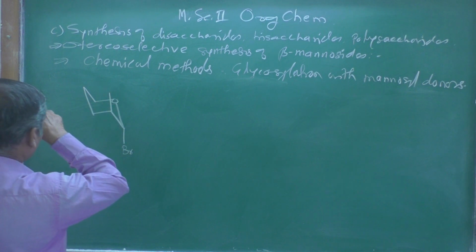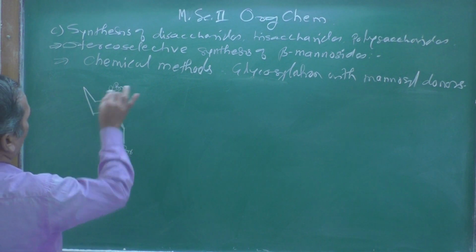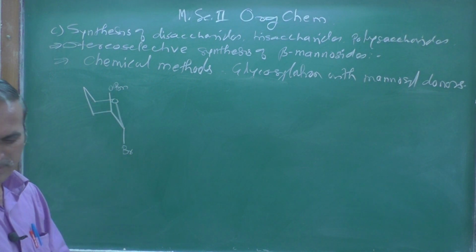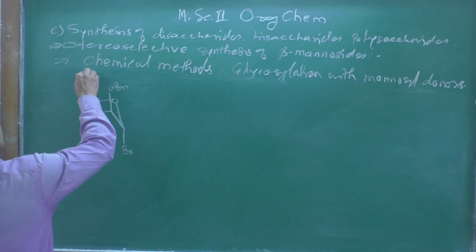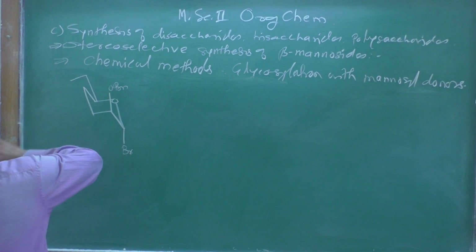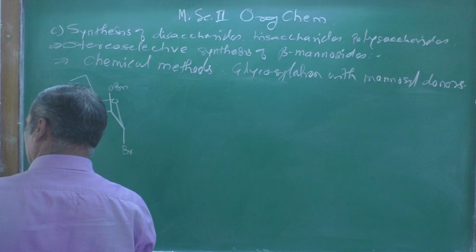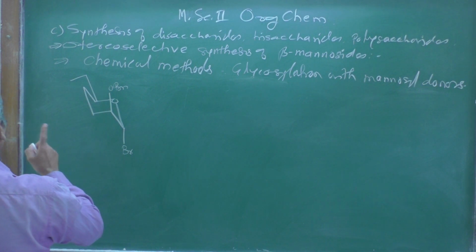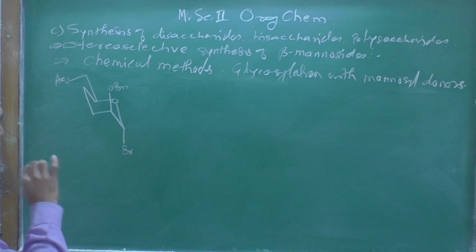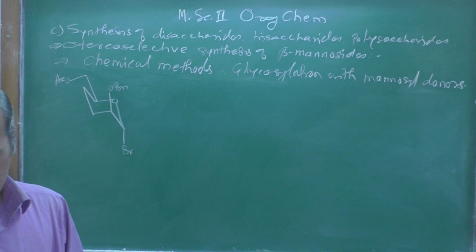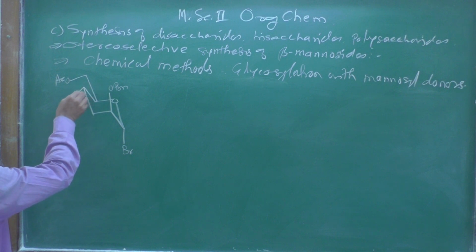Look at carbon number 2, the protected benzyl group OBn, and the other groups are also present at the equatorial position. As we know the general rule, the bulkier groups prefer to stay at the equatorial position. According to that, these are the groups present at the equatorial position.